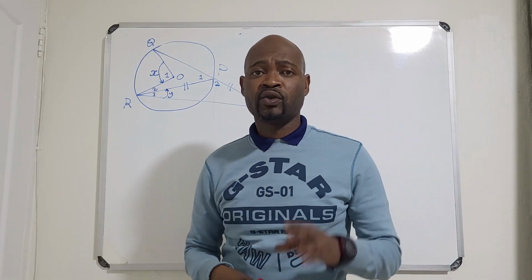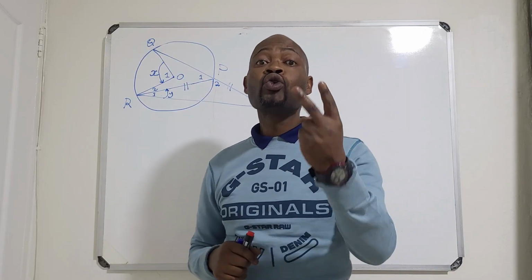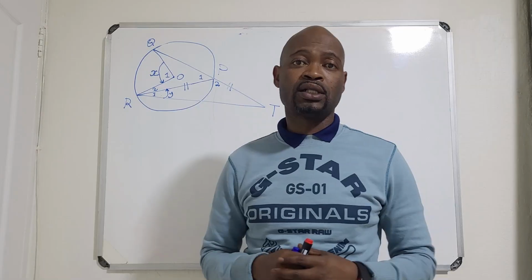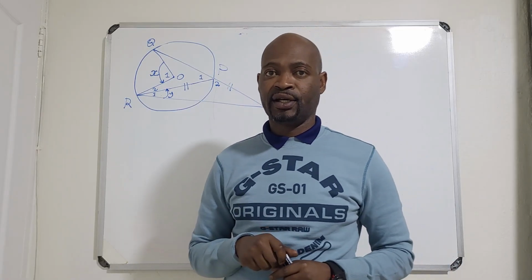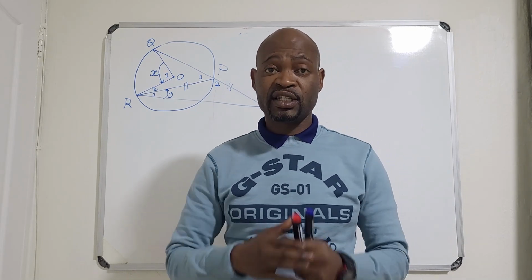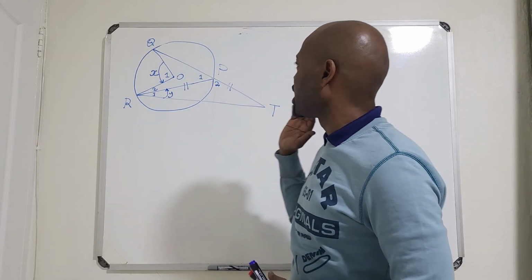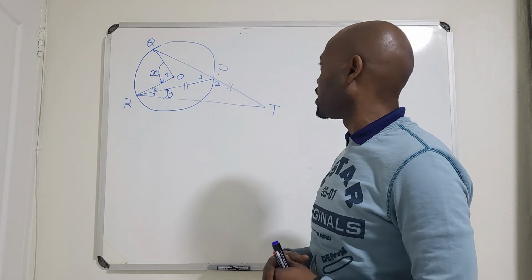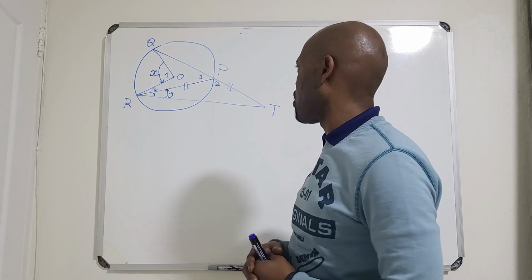We know that we've got 4 theorems on chords, 2 theorems on cyclic quadrilaterals, and 3 theorems on tangents. This is how we must first eliminate the theorems. We must ask ourselves if there are chords here. And yes, I can see chords.